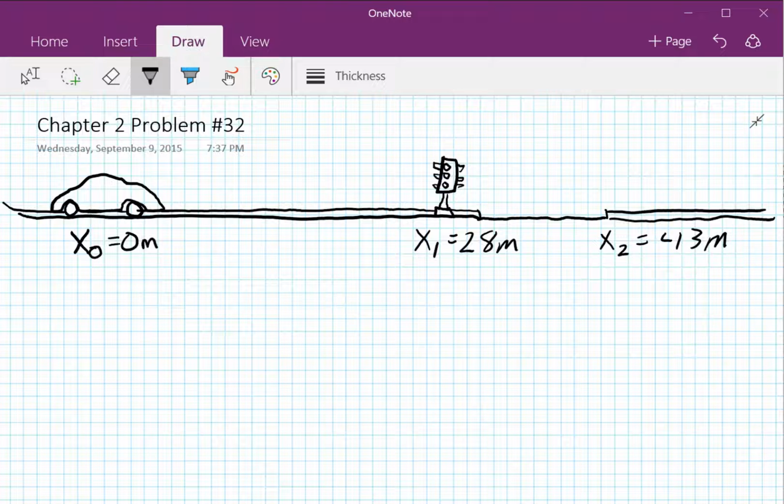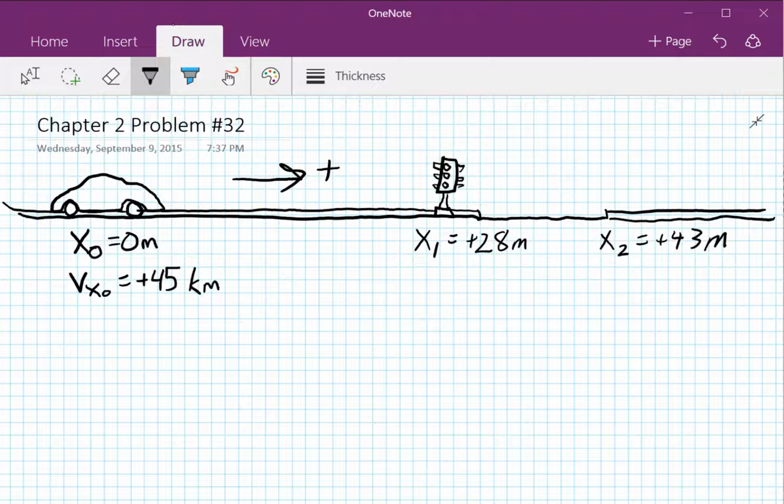Now this would be a good time to go ahead and put in a positive symbol. So I say to the left is positive, which means we're going to have a positive 43 and a positive 28. The velocity that the car starts with in the x direction is a positive 45 kilometers per hour.